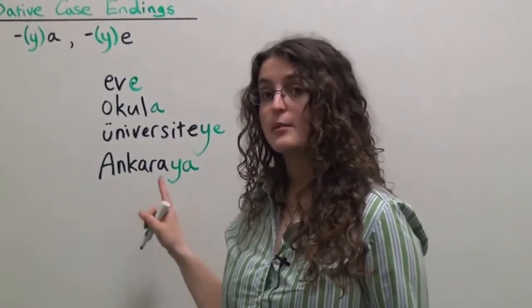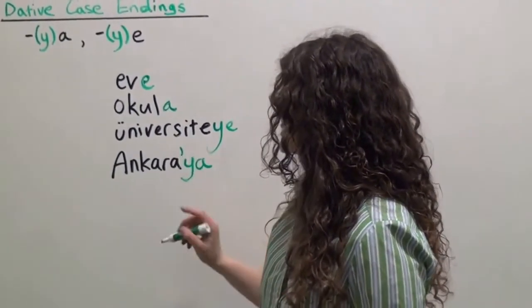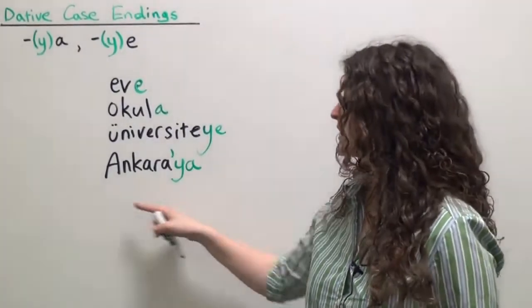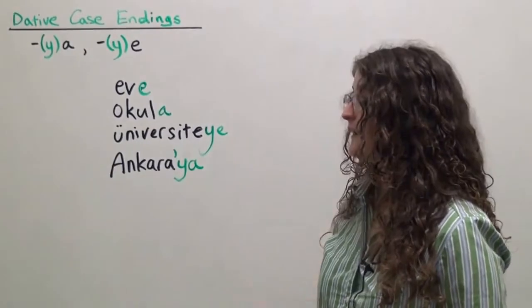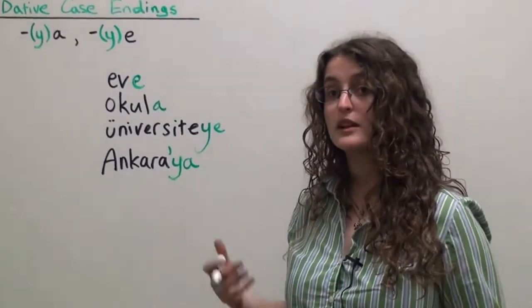Because Ankara is a proper noun though, we're going to need to remember to include an apostrophe between the noun and the dative case ending. So Ankara'ya.